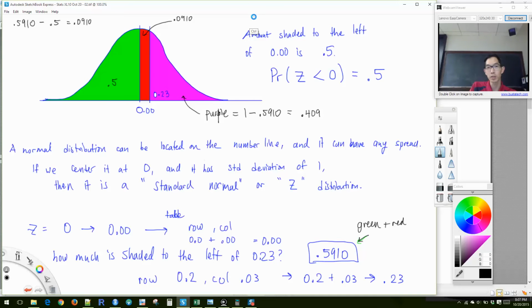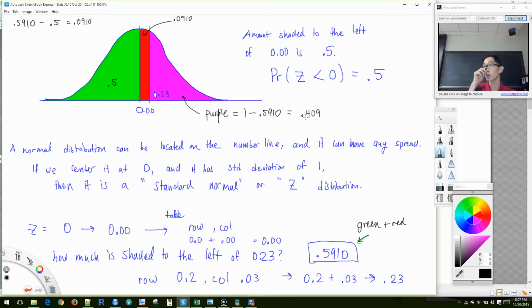I'm going to leave this up here, and I want to make sure visually we can see this. If the whole area under the curve is 1, the amount in purple is going to be 0.409.